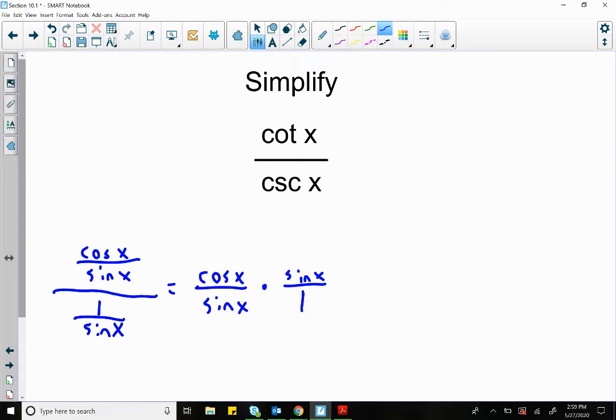What's going to happen to the sines? They're going to cancel out, leaving us with cosine x, or cosine x over 1, but they're just going to keep it as cosine x. And that's the multiple choice answer that they were looking for. Okay? Now that's one way to do it.